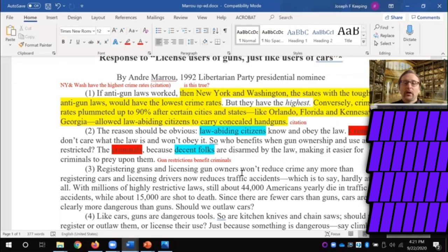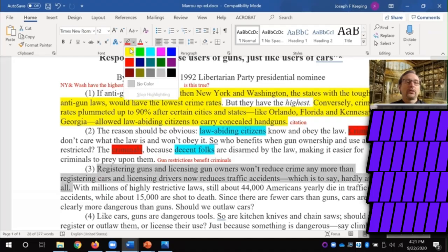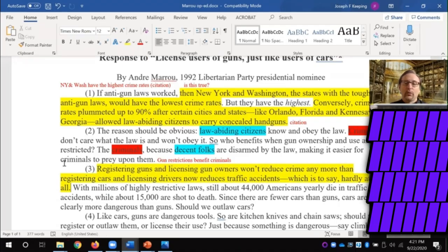So in order to deal with this, what I would do is highlight this sentence, and then I would write, well, probably in the margin, but I don't think I can write in the margin here. He says traffic laws don't reduce traffic accidents.